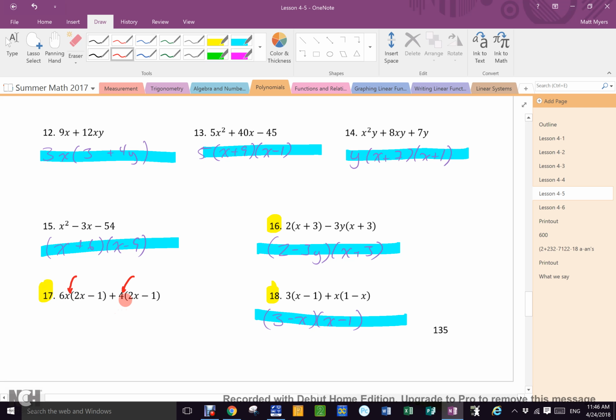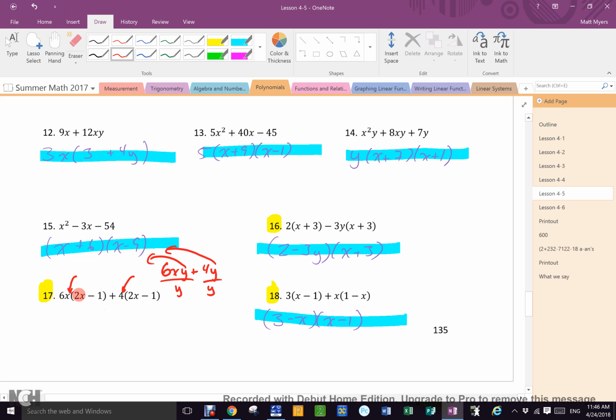Multiply. So they're both factors, right? So if I gave you 6xy plus 4y, you would remove the y, correct? By dividing it out, right? Because that is 6x times y, yeah?